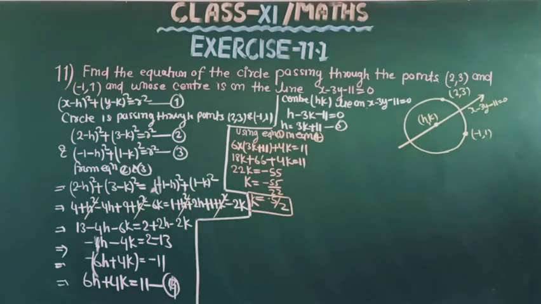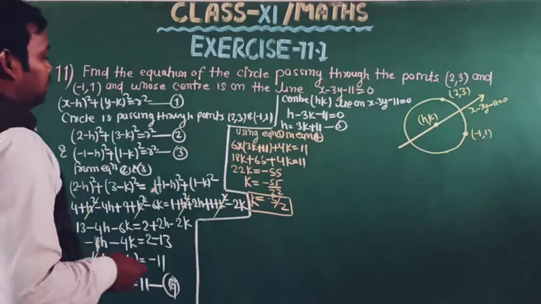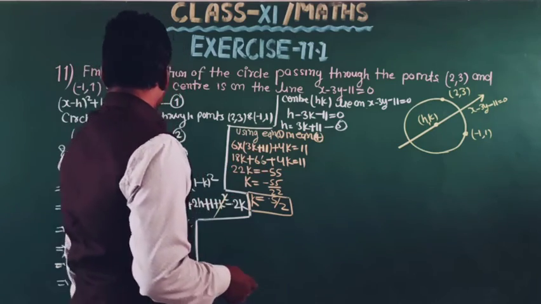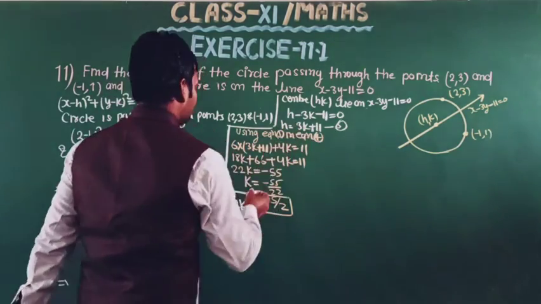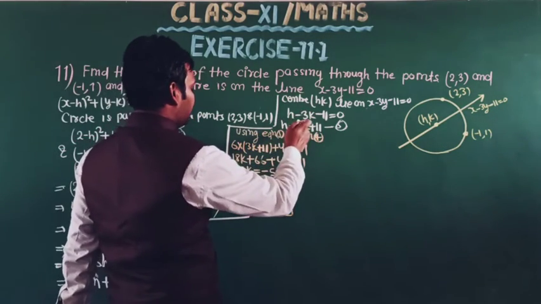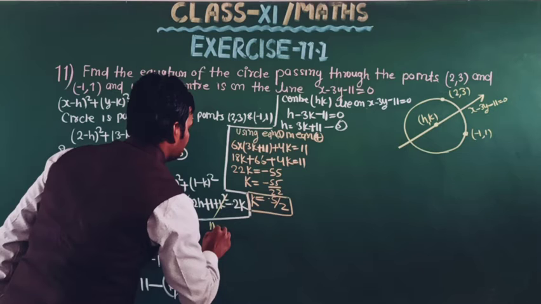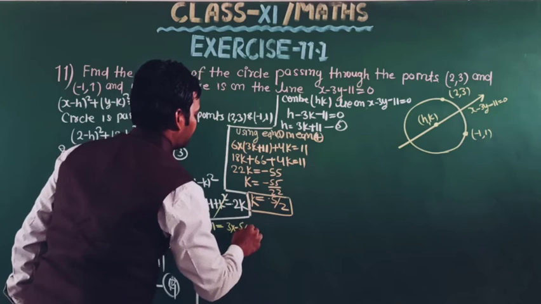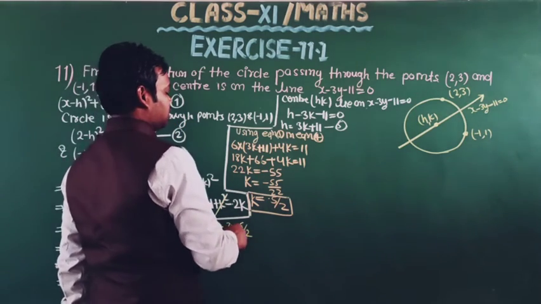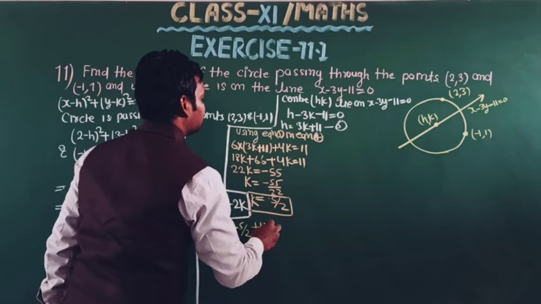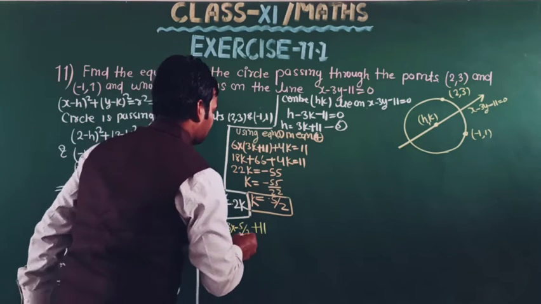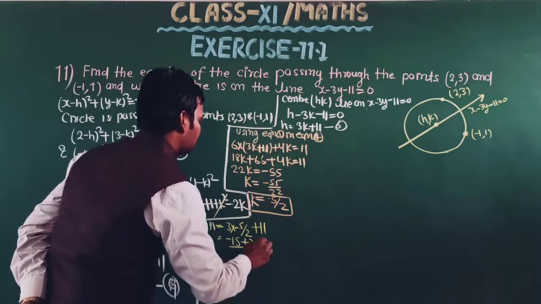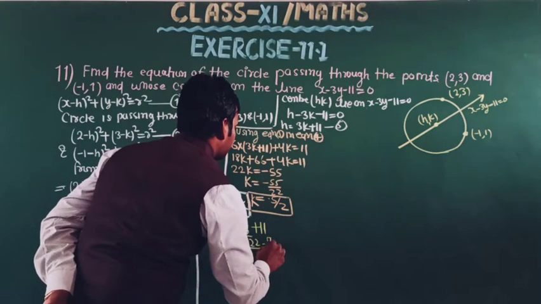Now substituting the value of k in equation 5 to get the corresponding value of h, this implies h equals 3 into minus 5 by 2 plus 11, and this is minus 15 plus 22 by 2, equal to 7 by 2.